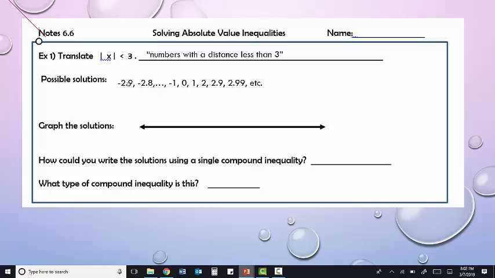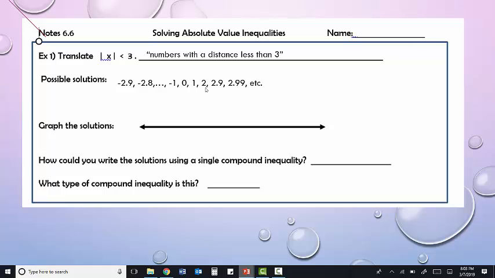So there's a whole bunch. We have like negative 2.9, that's within 3 spaces, negative 2.8, all those possible decimals, negative 1, 0, 1, 2, and even to the positive 2.99, etc. So there's a lot of numbers that are within 3 spaces of 0.